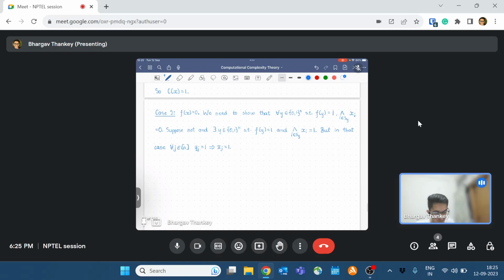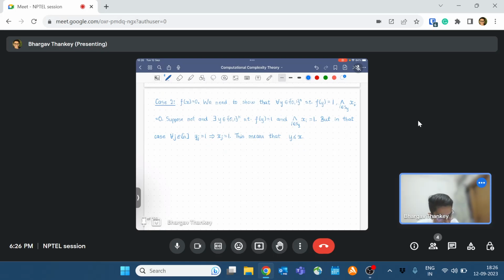So, okay, now we have this. This means that y is less than or equal to x. So this is how it's defined, right? y is less than or equal to x if whenever yj is 1, xj is 1.